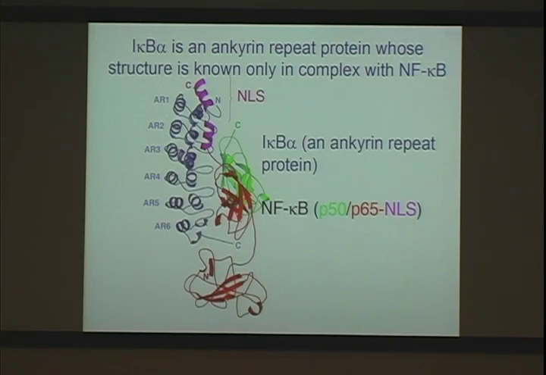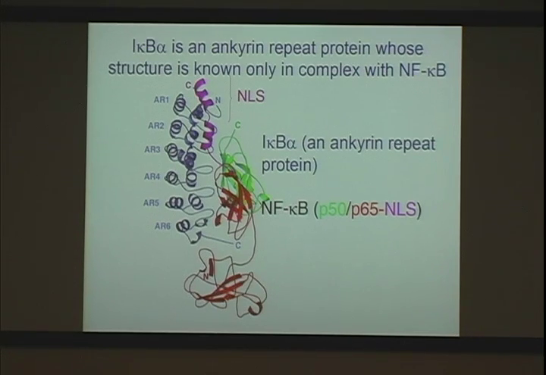This is the crystal structure that was solved simultaneously by Lori Ghosh and also by Steve Harrison's lab. The important features are, first of all, the blue part is the IkBα, and you can see its repeat architecture here. This will become important throughout the rest of the talk, how this thing is folded and how it binds. I just want to point out two other features of this complex structure.